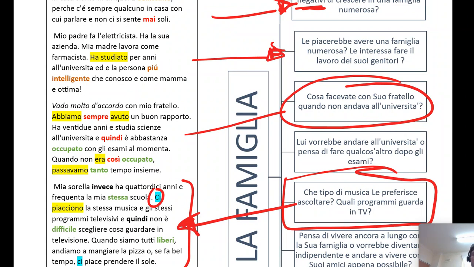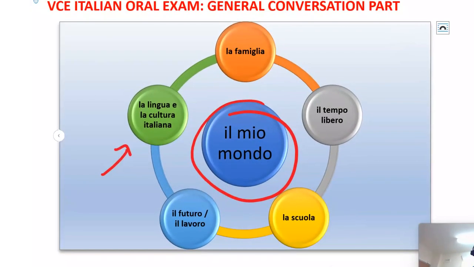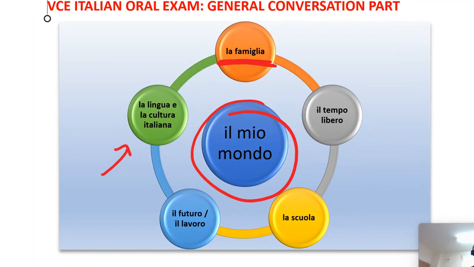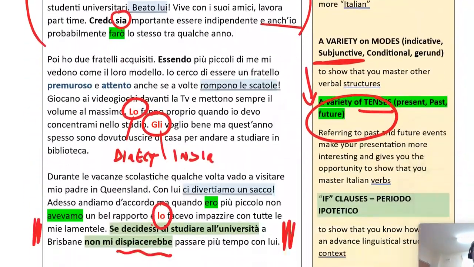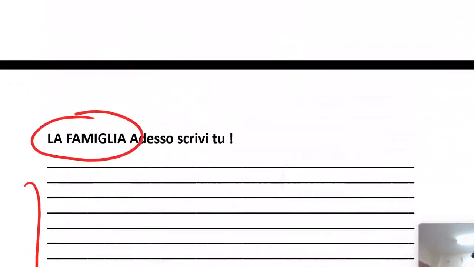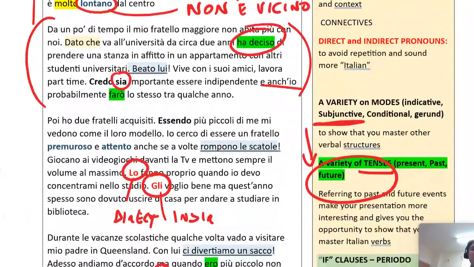Okay, so just to summarize the steps. These are the 5 topics of your oral exam. We took one of those topics, La Famiglia, because for each one you're going to have to write a little, let's say, a little essay. You can then incorporate some of those linguistic structures, some of the ideas that I gave you.